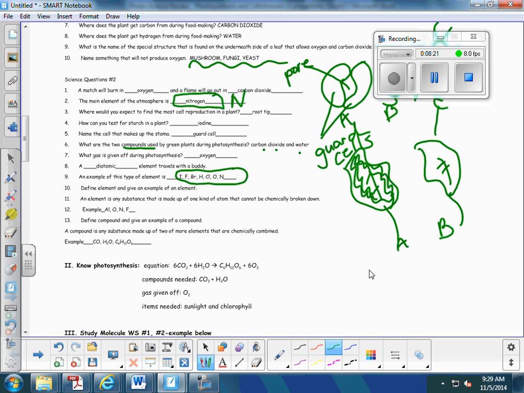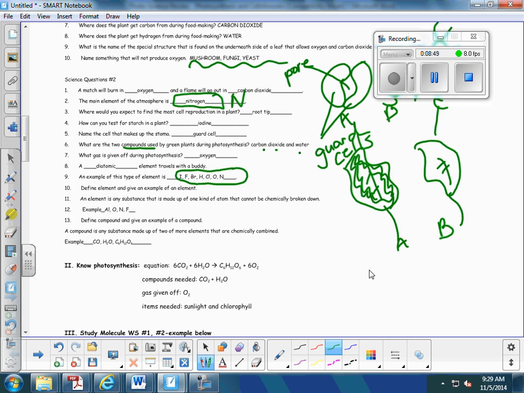Number 10, where it says define element and give an example of an element. That is on that practice test for part 1 that's going to be on Friday. You have to write it out. There's not going to be any ABC. You're going to have to do just like you did on the element compound quiz.